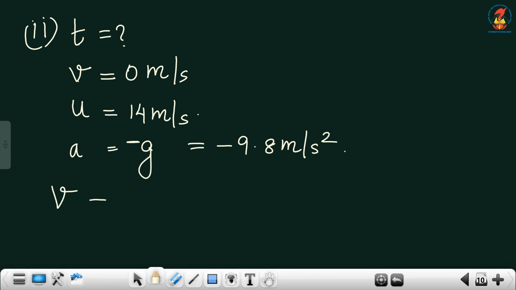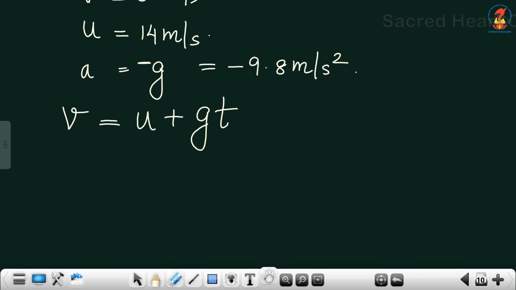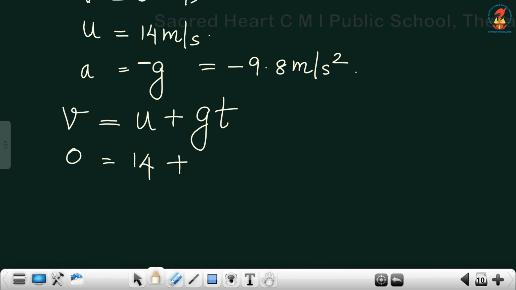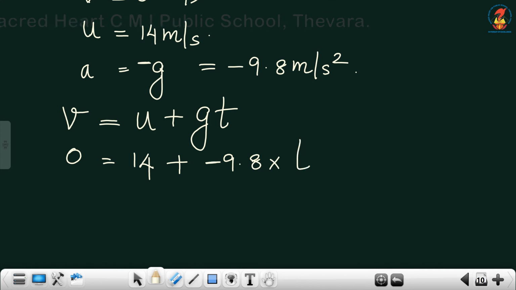For calculating t, let us use the equation v is equal to u plus gt. Substitute the values. v is 0, u we have found as 14 meter per second, plus g is negative 9.8 into t, which is what we need to find.